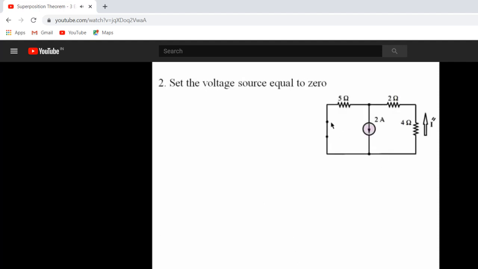In this step, we set the voltage source equal to 0 by replacing it with a short circuit. Now we just need to find the current I that results from only the current source, using the current divider rule, as we can see here.